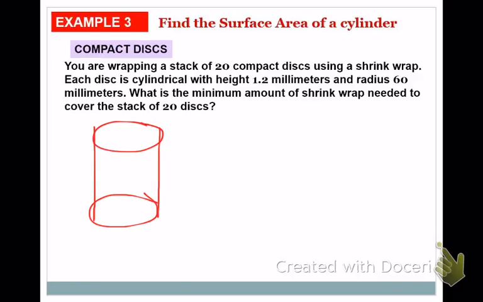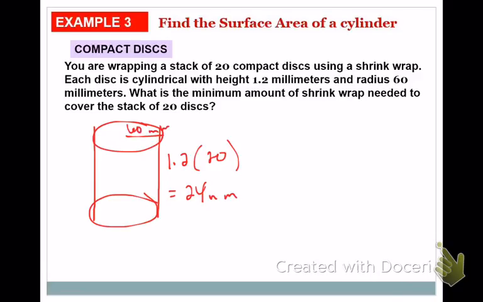Now, the height of each CD is 1.2 millimeters. There's 20 of them, so the height of the cylinder is just going to be 1.2 times 20, which gets us 24 millimeters. And we see there that the radius of the CD is 60 millimeters.